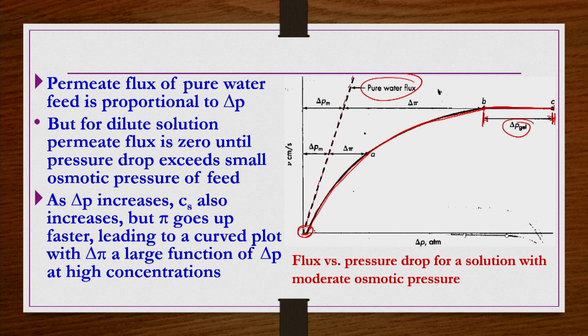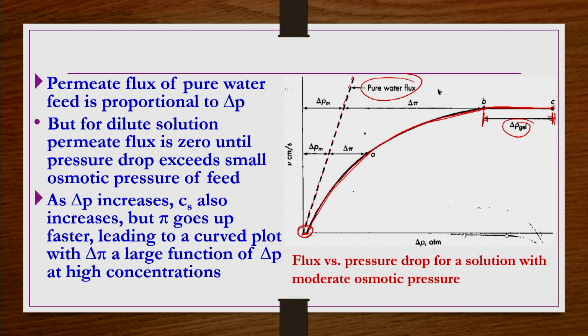With increasing delta P, CS increases, right. CS, that is the solute concentration on the surface, increases, because more and more particles would be contributing towards the gel formation. So the CS concentration may be slightly increasing, but the corresponding osmotic pressure, you can see, is largely increasing.